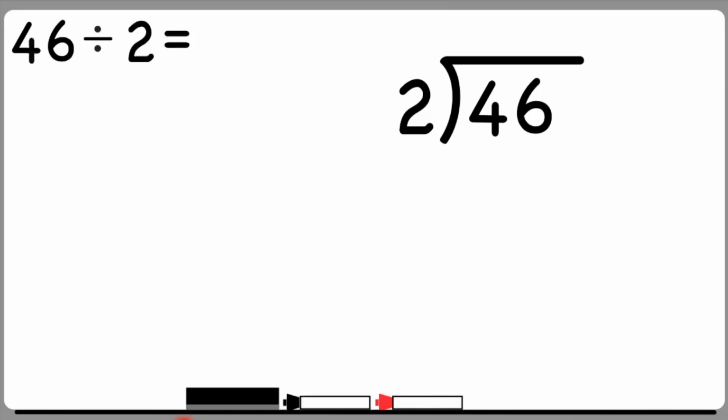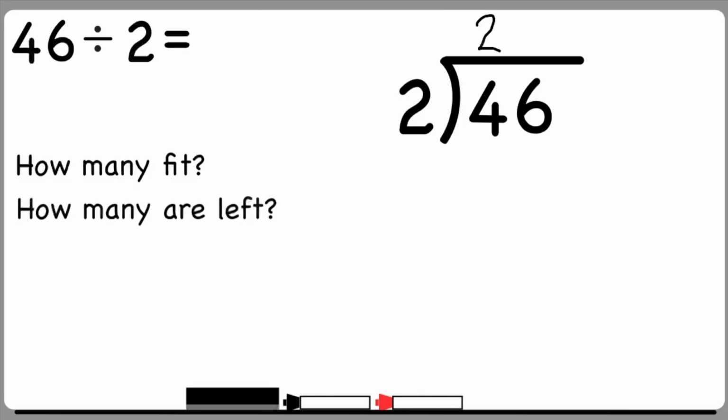All right, let's get into this problem. Anytime we're doing division, we want to ask ourselves two questions. The first is, how many fit? So in this one, we are asking how many 2's fit into 4. If we think about that, I'm going to say 2 2's should fit into 4. Then we ask ourselves the second question, how many are left?